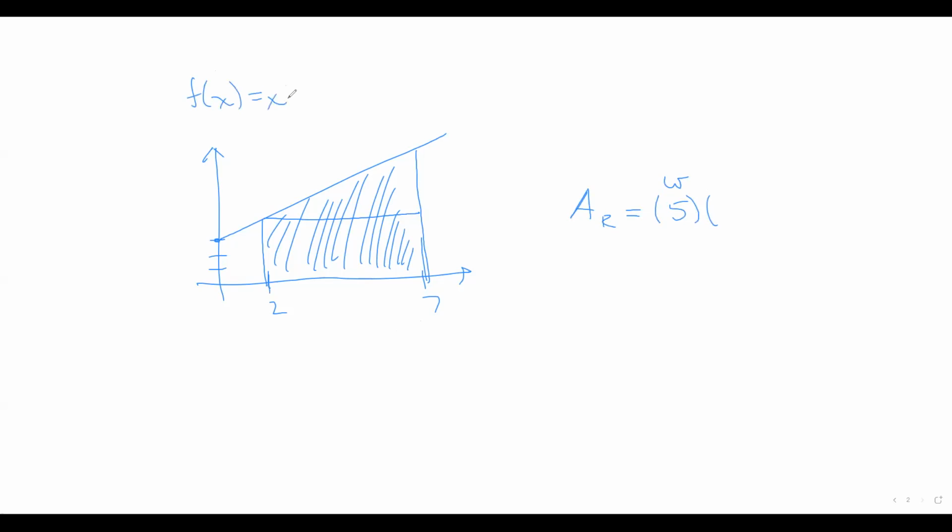Why not do x? And just to remind you, this function is x plus 3. So this point right here is what? So 5, and the second one is 10. 5, 5, and 7, 10, right? So what is the height of that rectangle? Also 5, right?